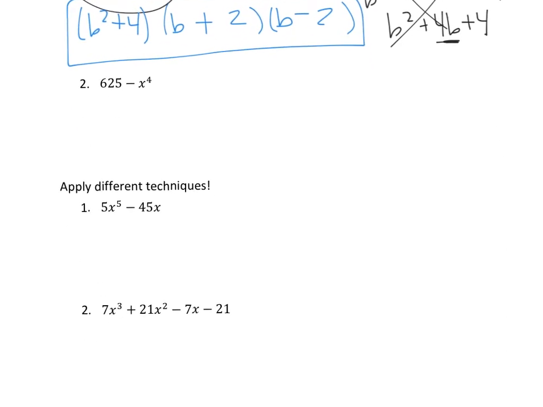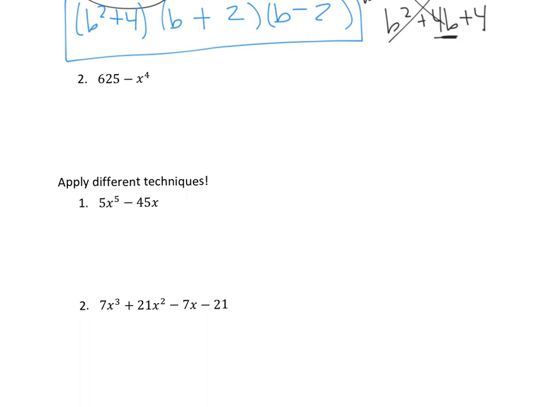Let's look at number 2, 625 minus x to the 4th. This is a difference of two squares, in that I can take the square root of 625, and that's 25. And then the square root of x to the 4th, which is x squared. And then one's a minus, one's a plus.